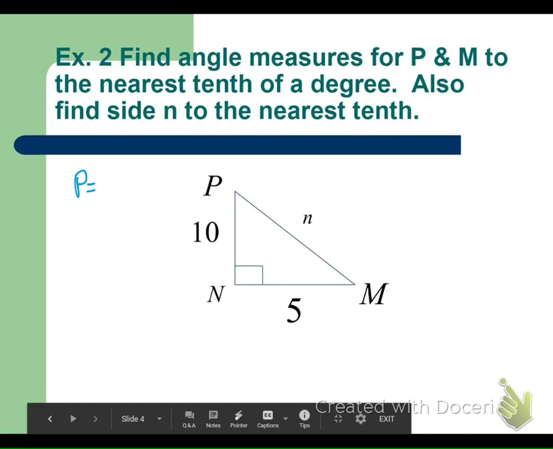So we have tangent of P, which comes from "Through Our Apartment," opposite over adjacent. Opposite of P is 5. Adjacent to P is 10. So to find angle P, we apply tan inverse to both sides: tan inverse of 5 over 10, so tan inverse of 1/2.